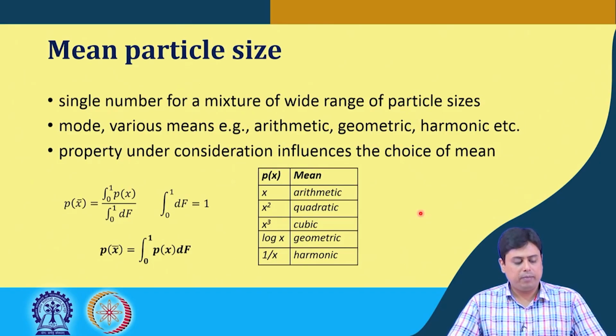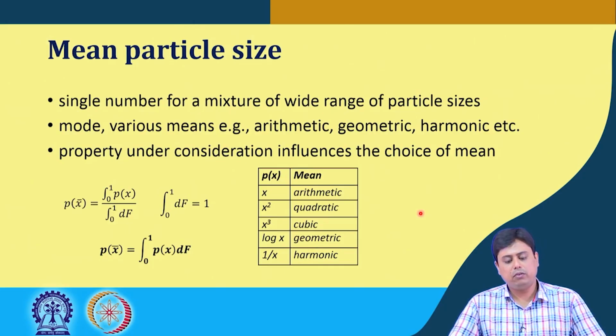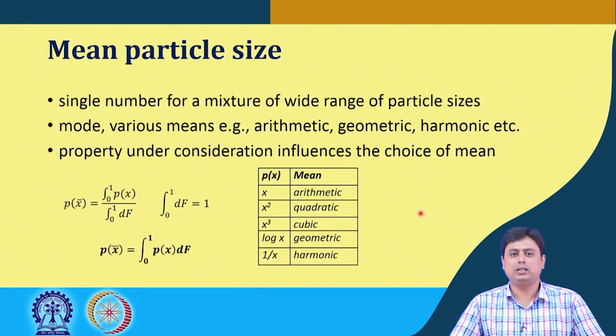Let me give you an example at this moment. The property under consideration influences the choice of means. That means it depends on which application you are looking for the mean of that particular sample or collection of particles. For example, there is a flow through such particles, which is equivalent to flow through a packed bed of particles. In that case, which mean should you use?